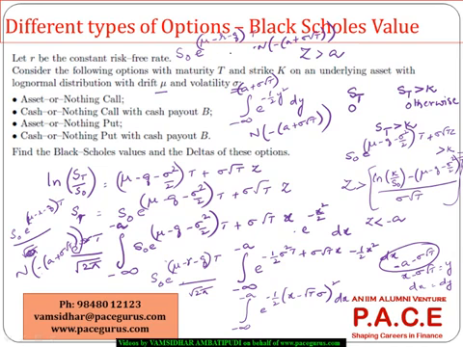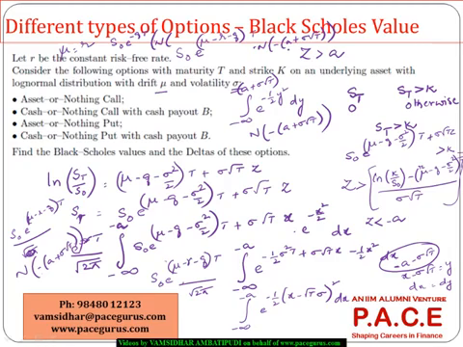Otherwise, if you look at it, if mu had been equal to r, it could have gone directly as S0 times e power minus qt, N of... my A would have looked as good as a d2, and N of minus of (d2 plus sigma root t) is coming out as d1.